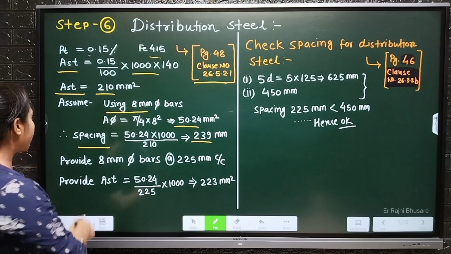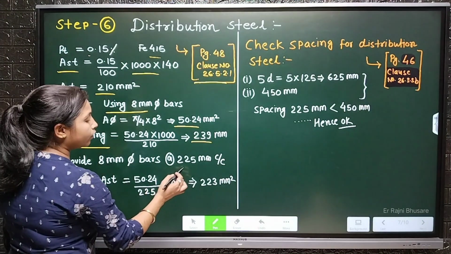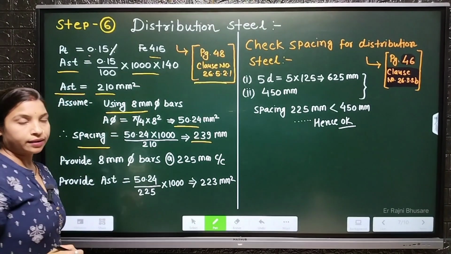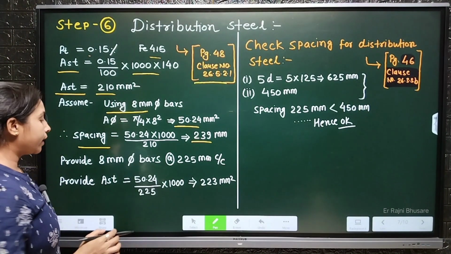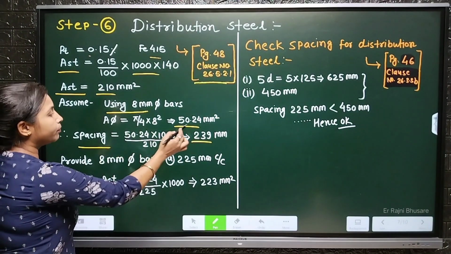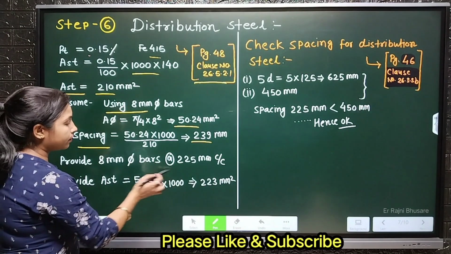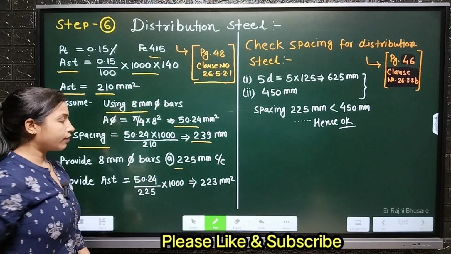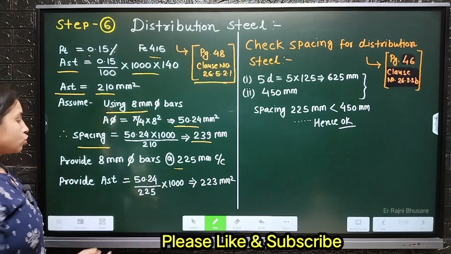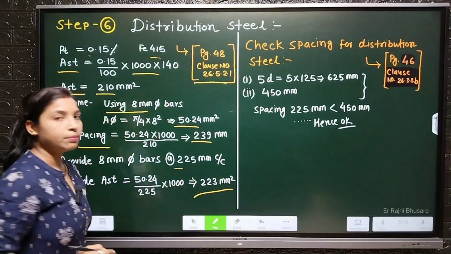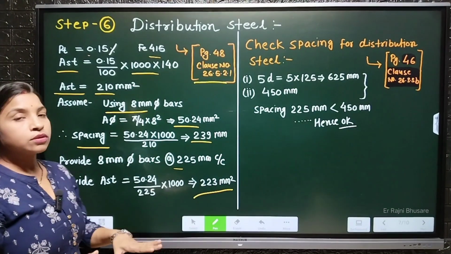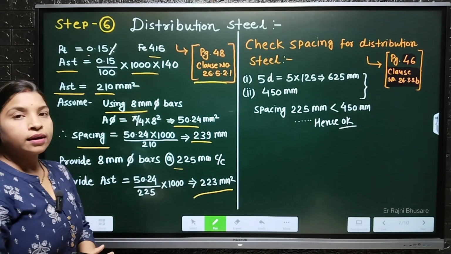After that, provide 8 mm dia bars at 225 mm center to center. Also the provided Ast will be calculated: our area of 1 bar 50.24 and our spacing is 225 into 1000. So our provided Ast is 223 mm square. Is that clear? So this is the distribution steel calculation.